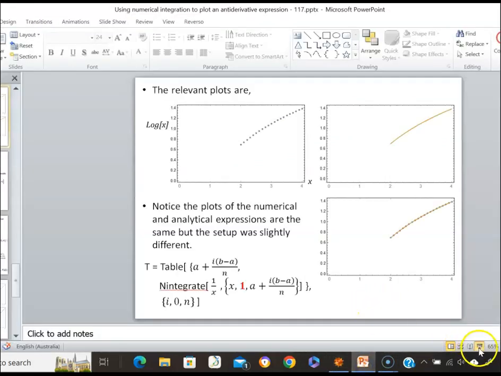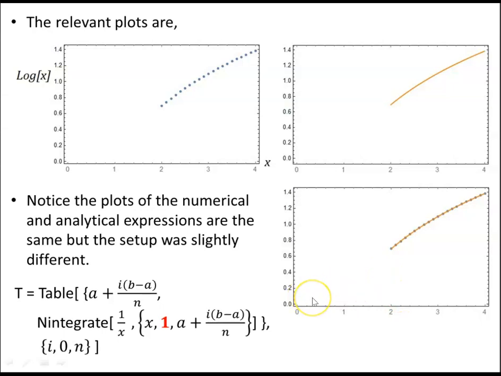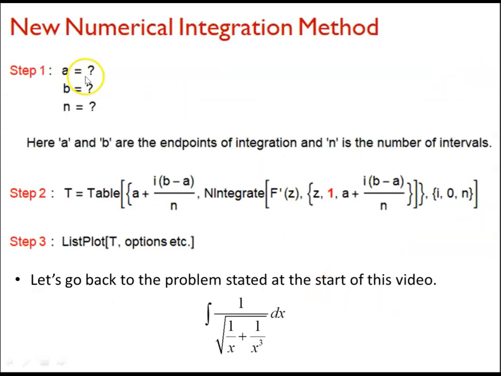Now, let's come back to where we are. So in our new numerical integration method, where the integrand is not defined at a value, put 1 instead. It will work if you put 1 in there. So again, set up the lower endpoint, upper endpoint, and the number of intervals you want.